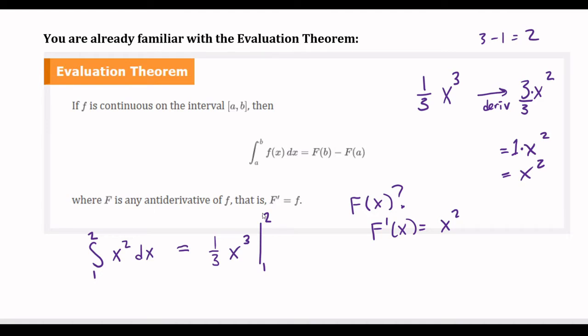So then you just do it using this theorem. Take b first, that's the top number, plug it in. So 1/3 times 2 cubed, because I'm plugging the 2 in here, minus 1/3 times 1 cubed. That's the evaluation theorem, right?